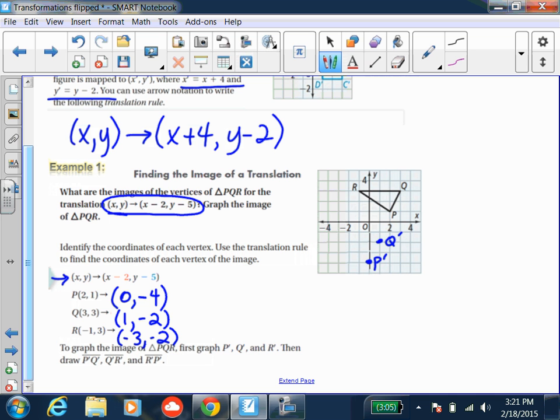And R prime is going to be (-3, -2). And our new triangle, our image, is still congruent to our pre-image, RQP.